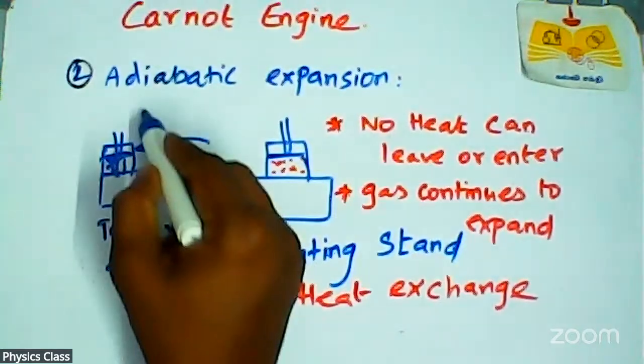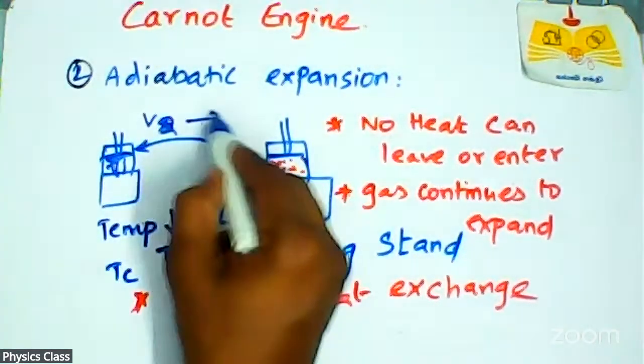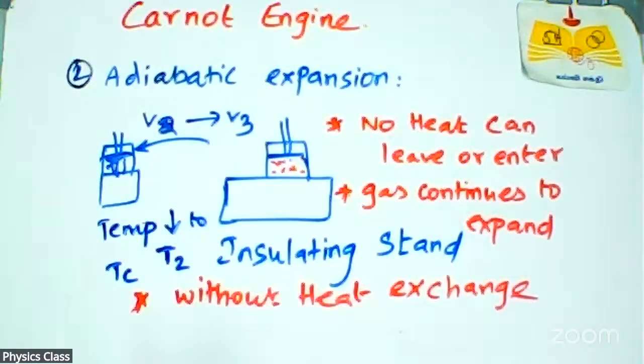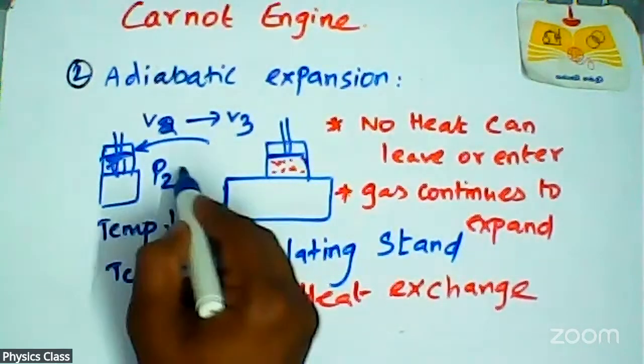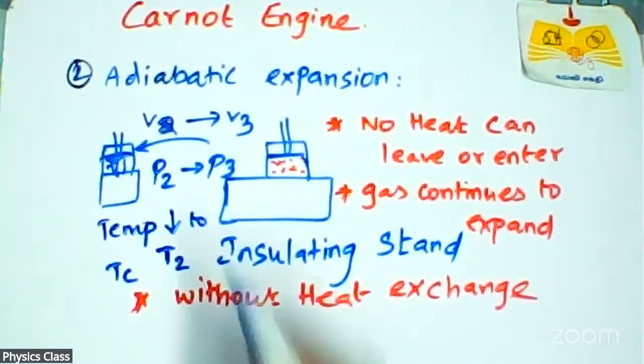So for reference, V2 to V3. Because of this, volume expansion, volume increases. Pressure also changes, that is P2 to P3, because of volume expansion.